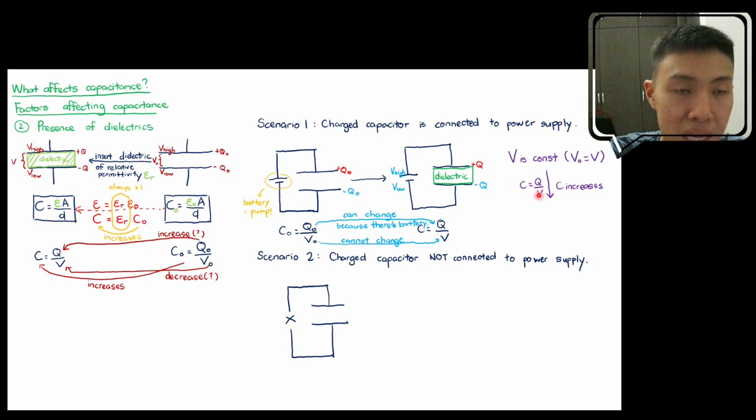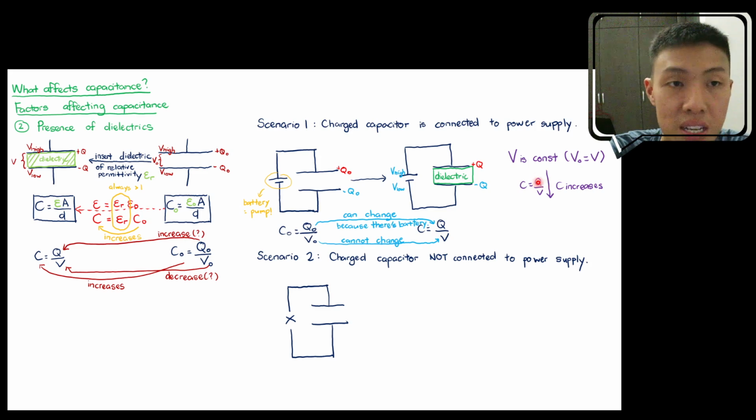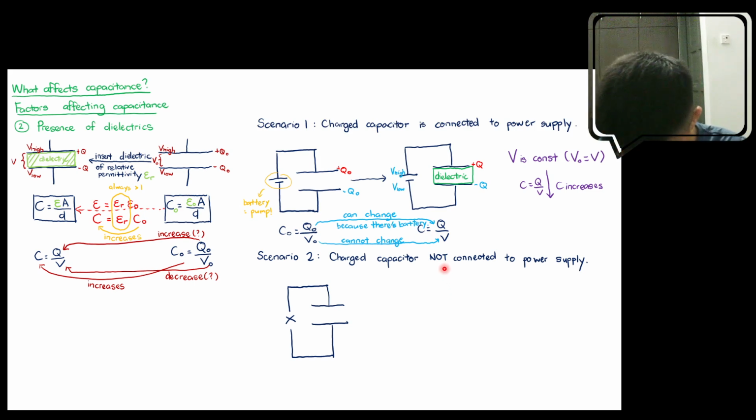To make the mathematics balance out, C increases and V is constant, so Q must definitely increase. Only by increasing the numerator can the answer increase, provided the denominator is constant. We know the denominator is constant based on what we discussed earlier. So what can only happen is that the numerator, the charge stored, will increase. Okay, so Q increases.